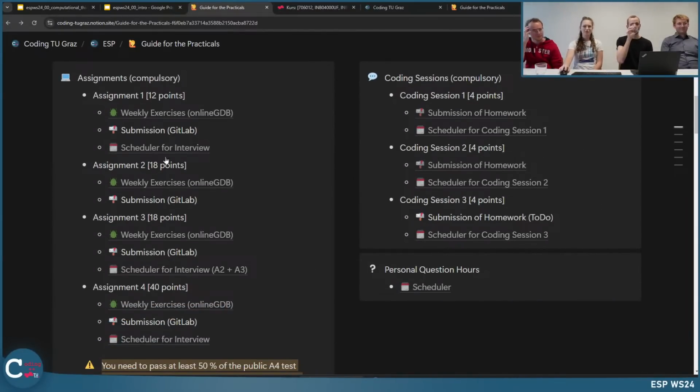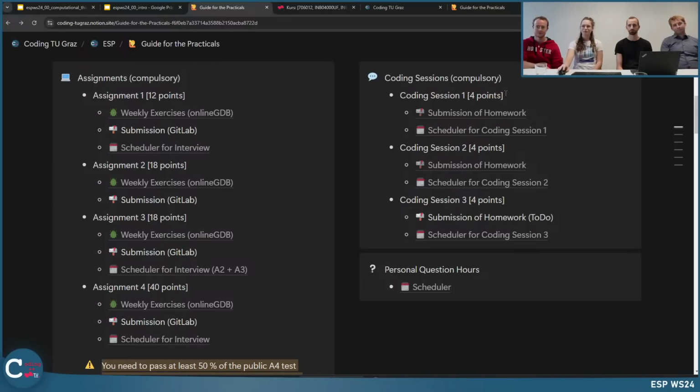You see how many points each assignment is worth. The link for the weekly exercises to online GDP, where you have to submit this. This will come later. Then a scheduler for the assignment interview. So really, there's everything here you need to complete the assignment, and also for the coding session.